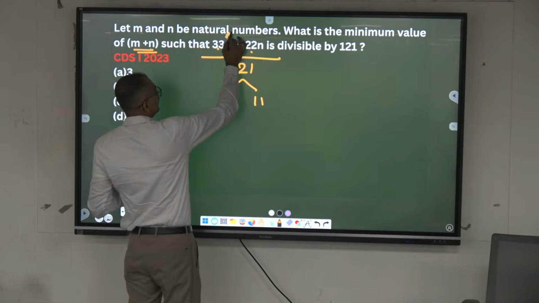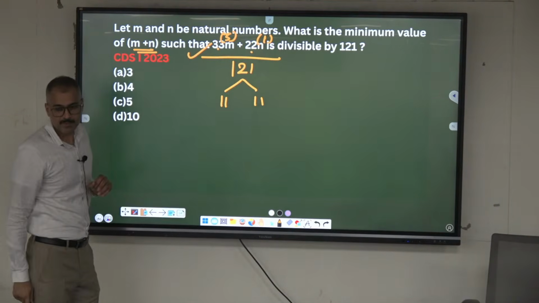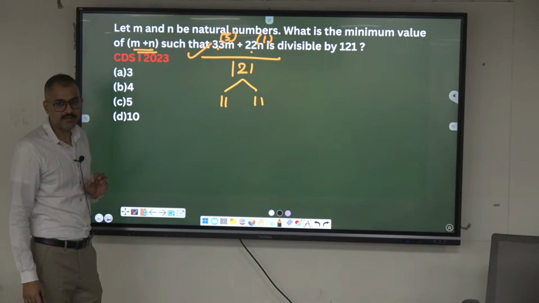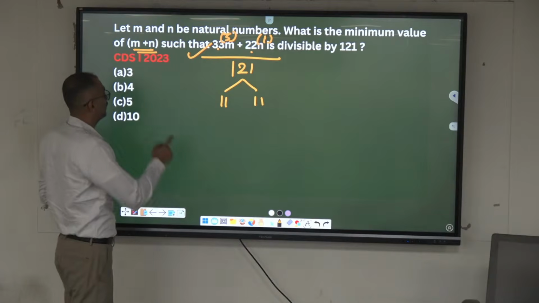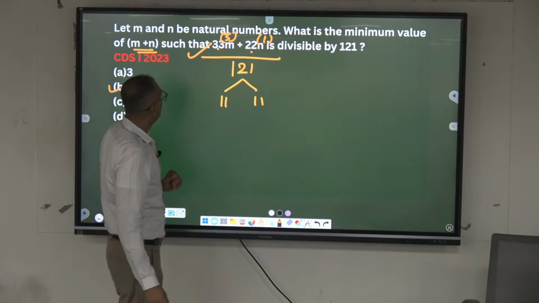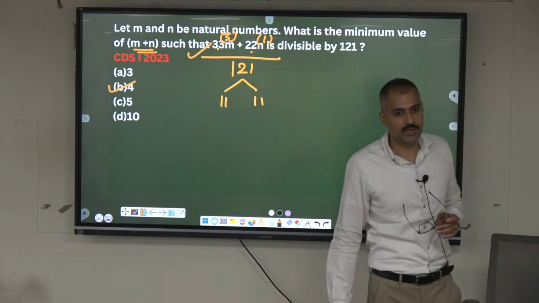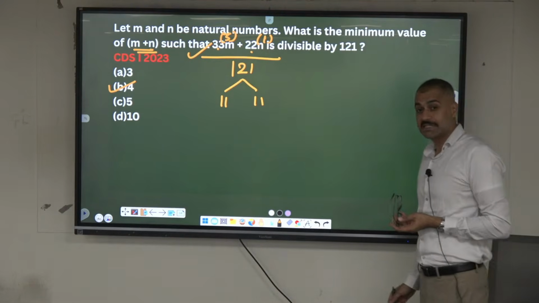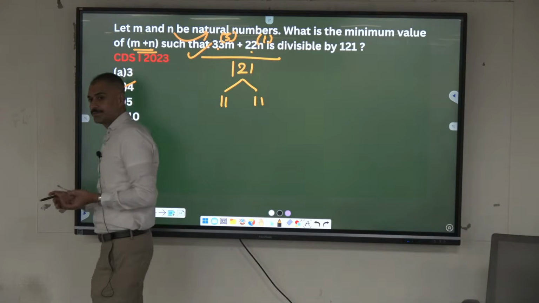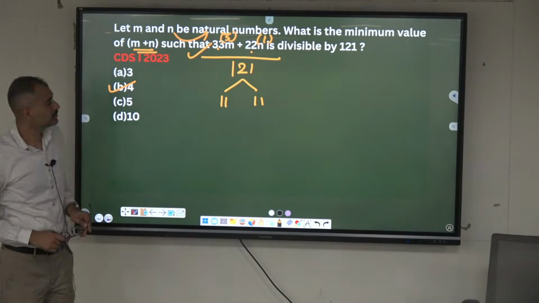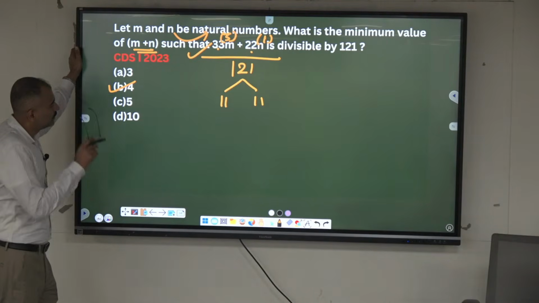Or else put 3 and 1: 33 into 3 is 99, plus 22 is 121. 121 divided by 121. So the minimum value of m plus n is 3 plus 1, 4. It's not 2 plus 2, it's 3 plus 1. Since n is a natural number, can you put 0? No. 4 plus 0 cannot be taken.